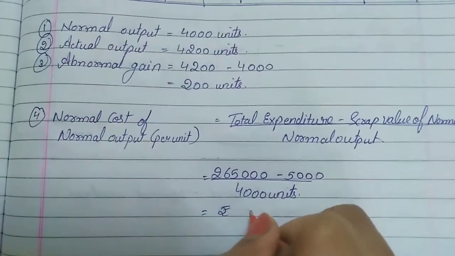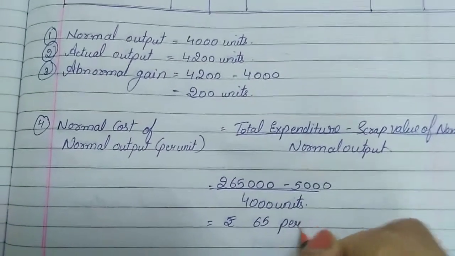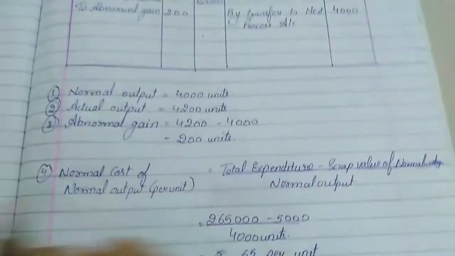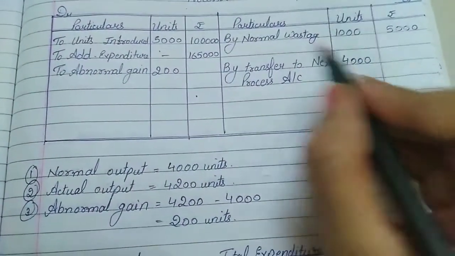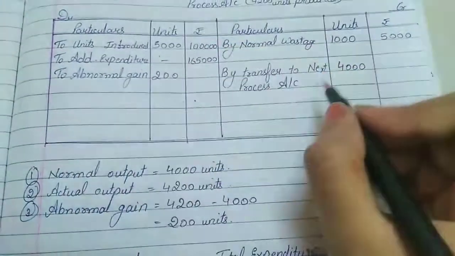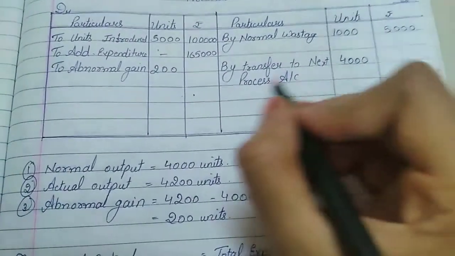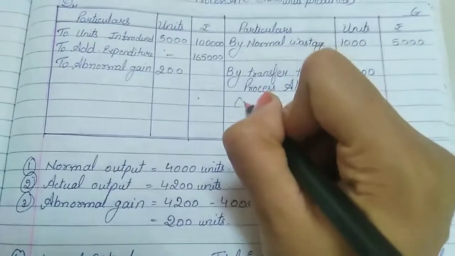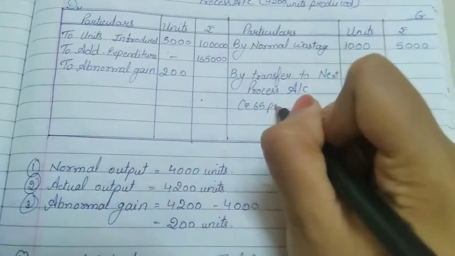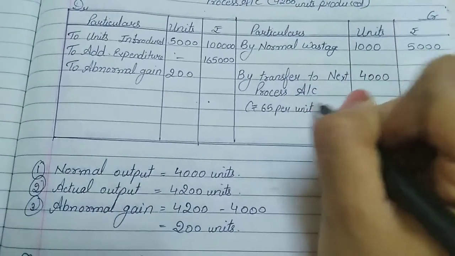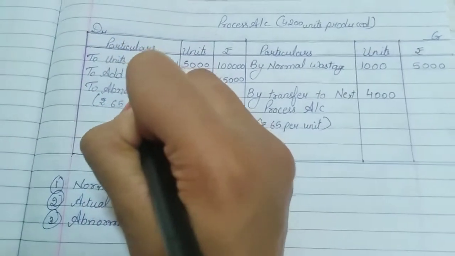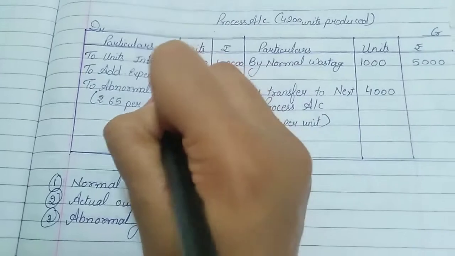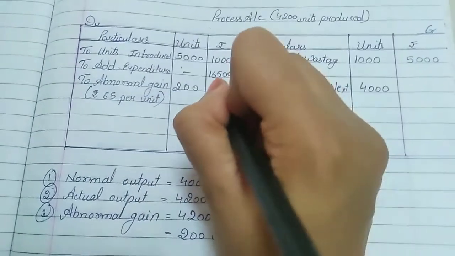We will calculate 65 here also and here also. Okay, 4,000 multiplied by rupees 65 per unit. Here also rupees 65 per unit, which will come here 13,000. Here it will come 2,73,000.